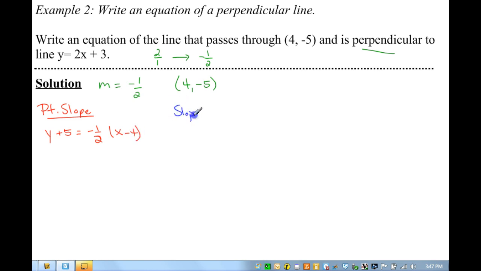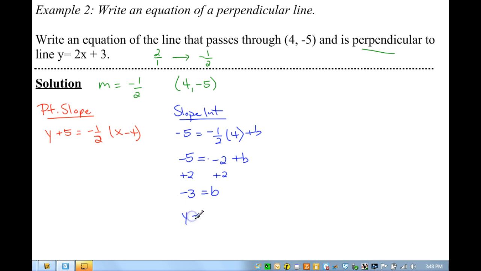Slope-intercept, I would pick -5 as my y, plug in for m and x, and solve for b. Sorry, this should be a -3.